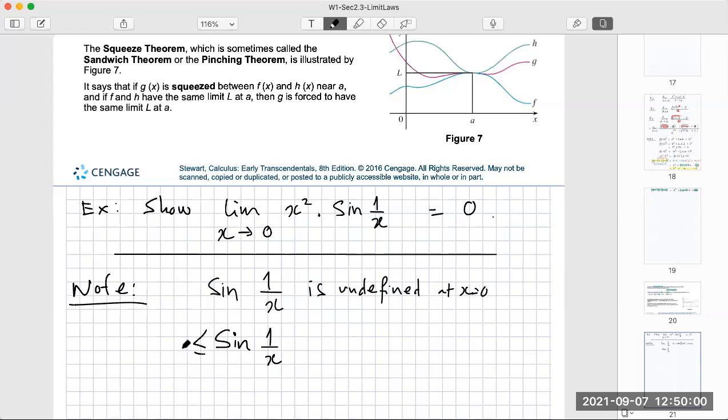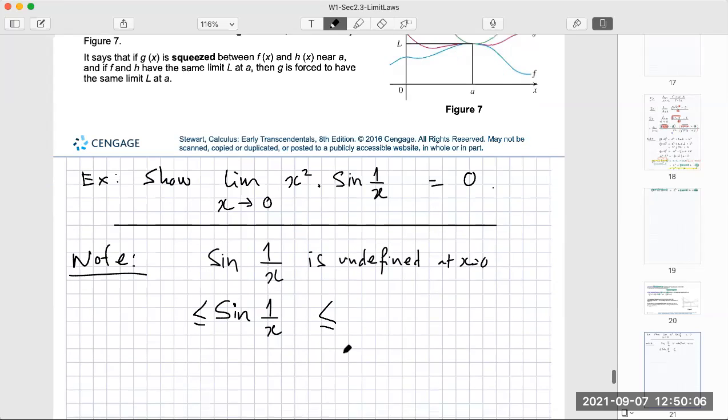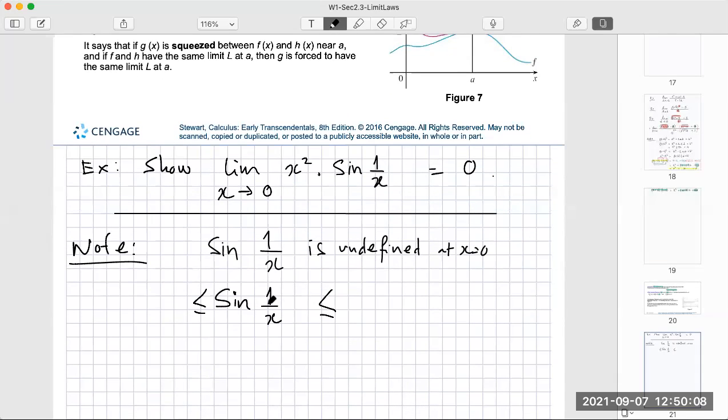What is the range of this function? It is true, but can we find a better estimation? Yes, thank you. This is a better estimation, right?